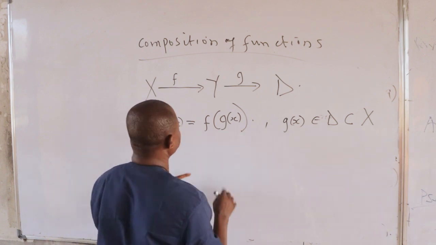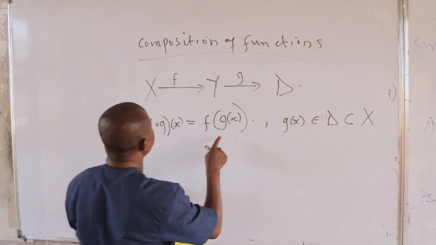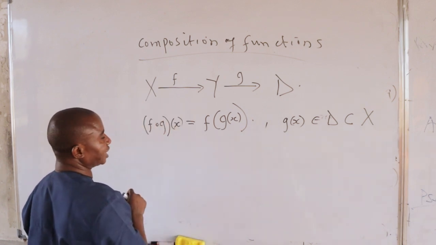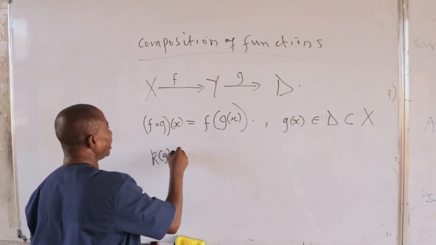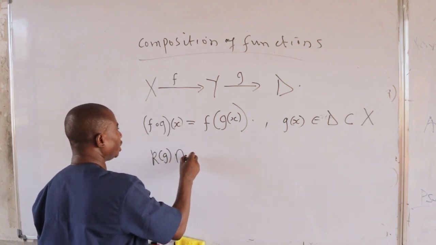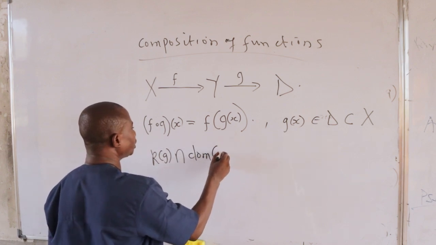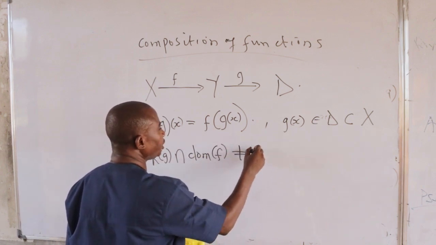So what are we saying? In essence, for this composition to make sense, the range of the function g intersection the domain of the function f should not be empty.